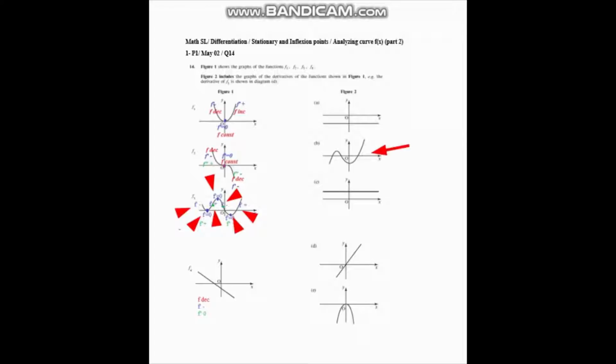And we can verify it was negative, then 0, then positive, and then 0 right there, and then negative, and then 0, and then positive. So this corresponds to F3. Hence we match F3 to B.